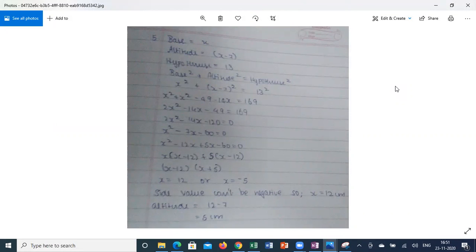Try to draw the diagram wherever it is possible. Okay, sir. Because the diagrams are always impressive for the examiners, where you can score full marks easily.